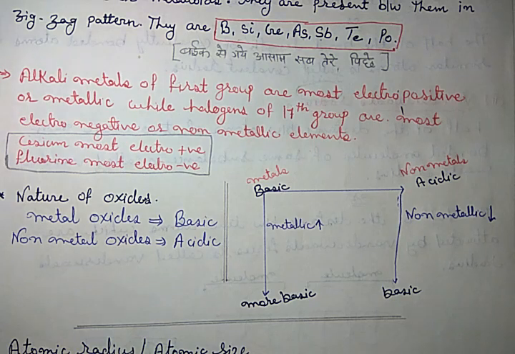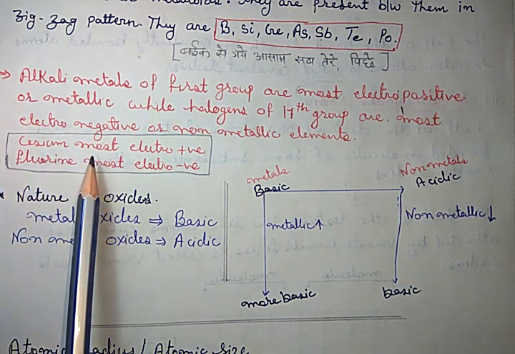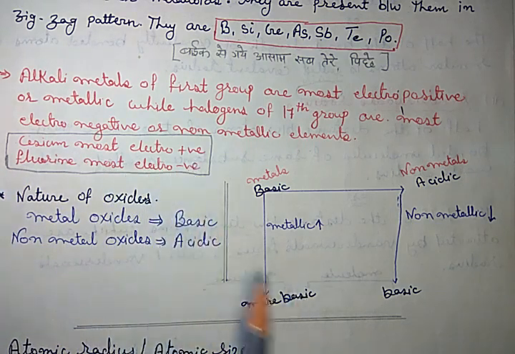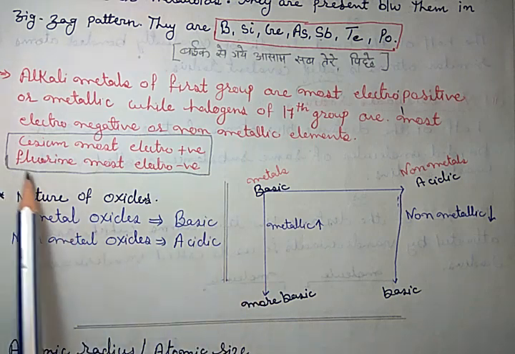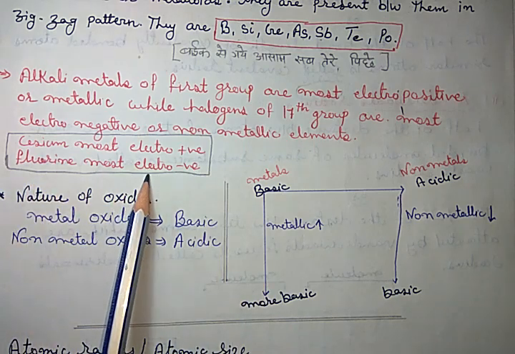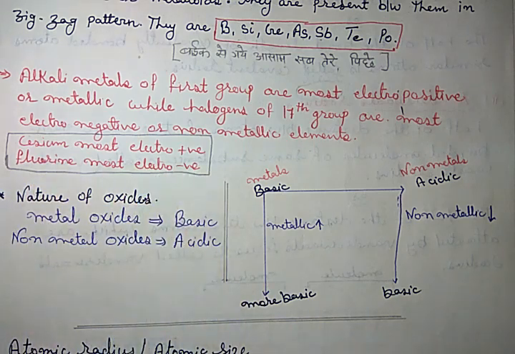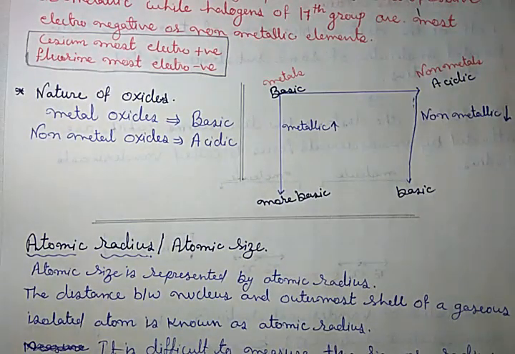Clear? If we consider the elements, then cesium is most electropositive, that means most metallic, while fluorine has the most electronegative or non-metallic property. Got it?